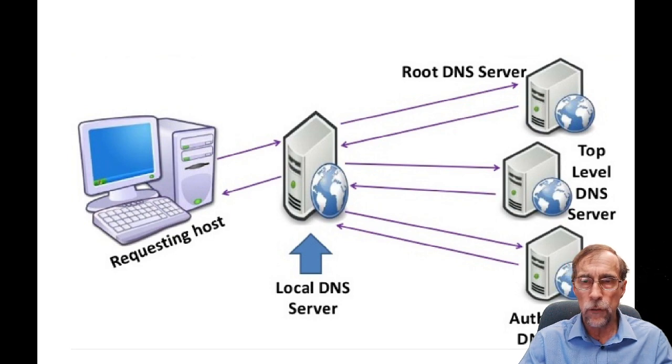The authoritative DNS server is a server typically at the same service provider. It doesn't necessarily have to be, but in general it is. So right next to here you can see, it's not drawn in there, but the actual web server you want to visit. All right. So for each website, there's an authoritative DNS server.